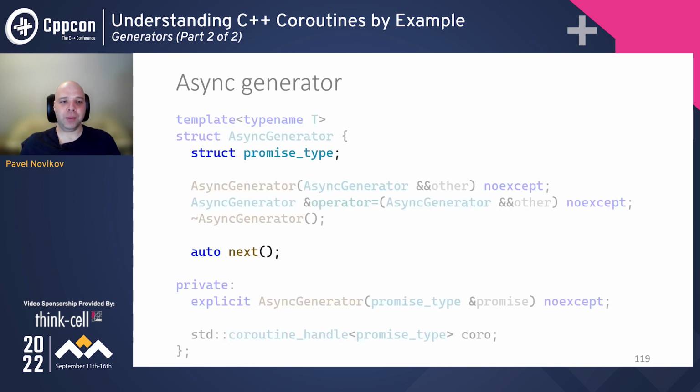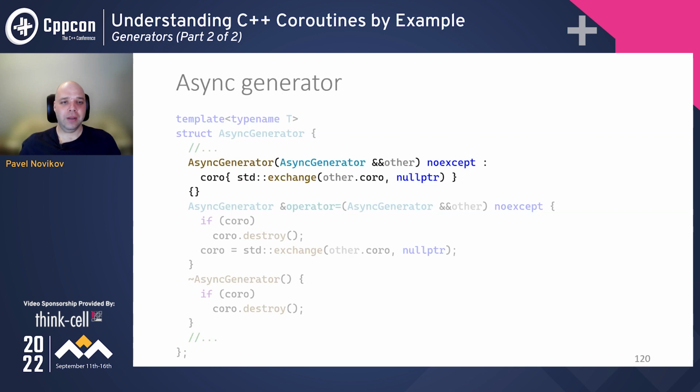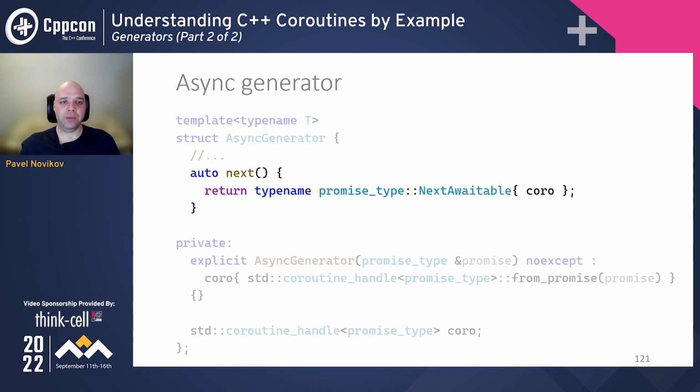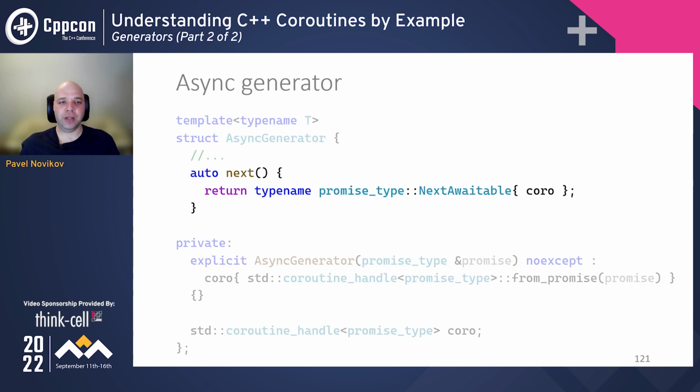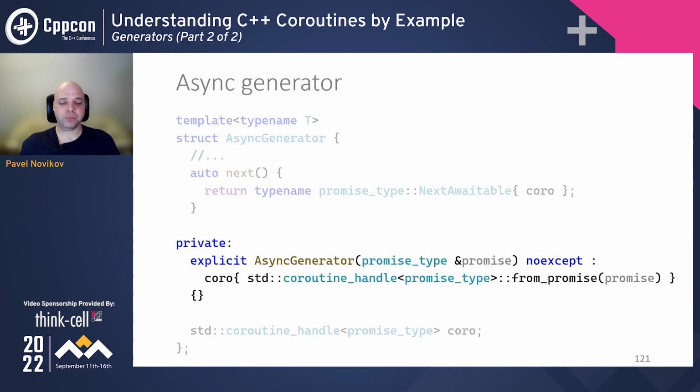We have the promise type, the move constructor, the move assignment, and the destructor. These are very similar to what we had before. We have the next member function, which returns the next awaitable, implemented inside the promise type, initialized with the current coroutine handle. And we have a private constructor, which is used inside get return object inside the promise.